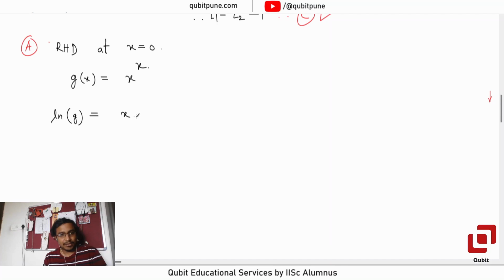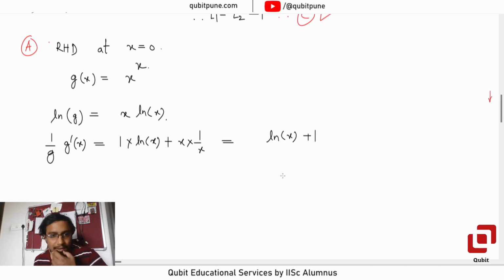It will be x log x. 1 upon g into g dash of x is equal to 1 into log x plus x into 1 upon x, product rule. So that is ln x plus 1 into g of x, of course.